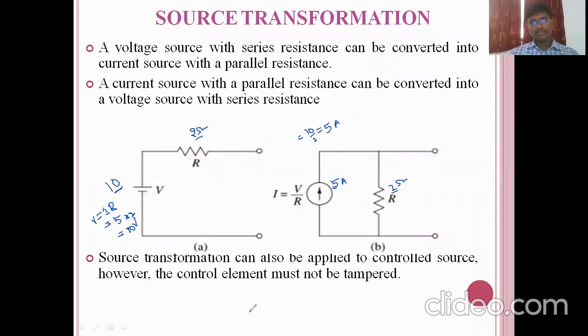This way we can convert the voltage source into a current source or a current source into a voltage source. Coming to the last point, source transformation can also be applied to controlled sources, that is, dependent sources. However, the control element must not be altered.